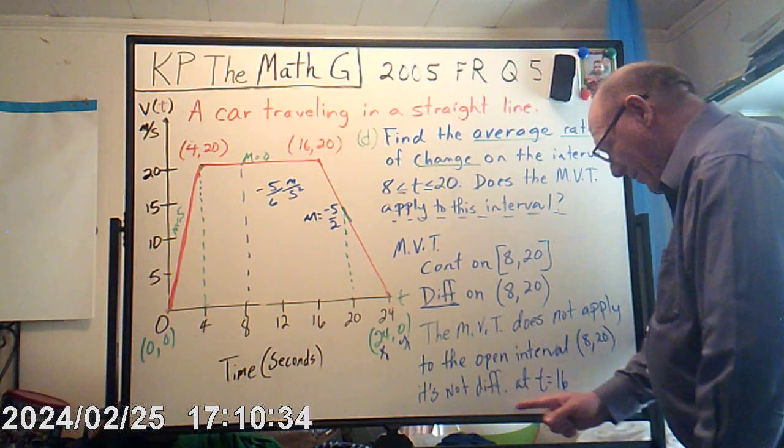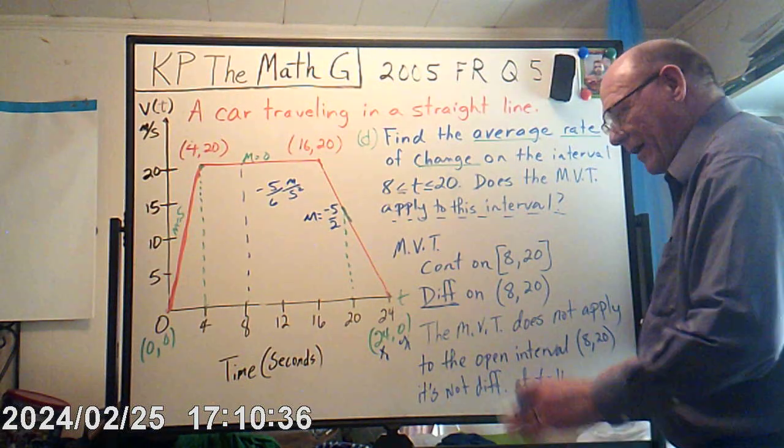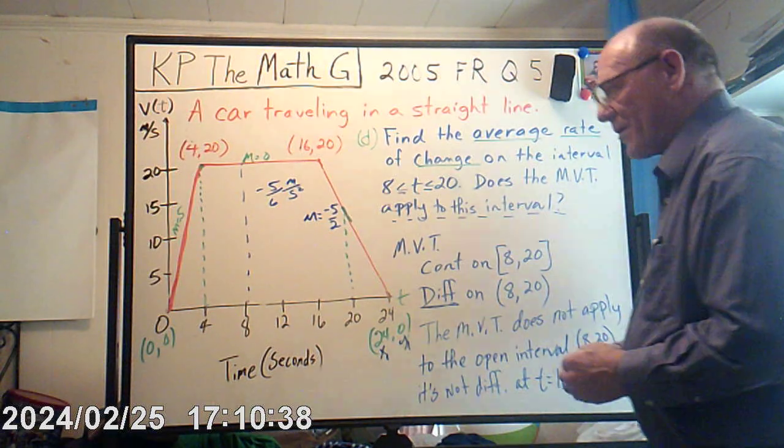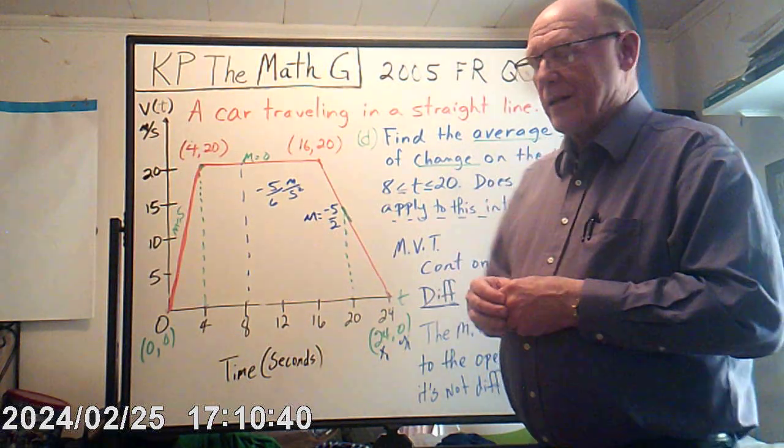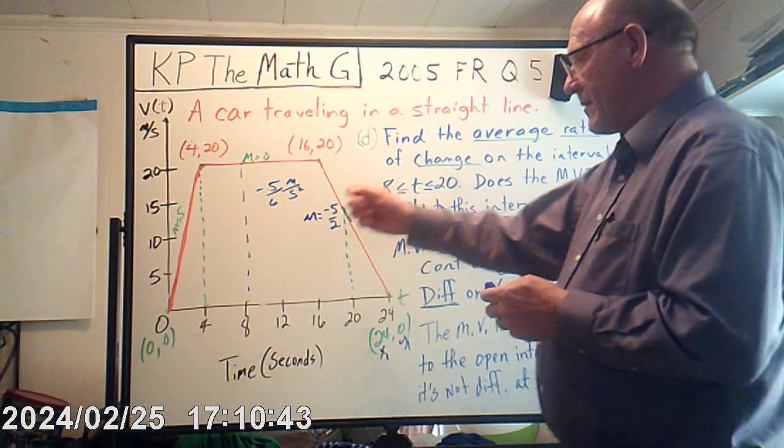You might even say v prime at t. It's not differentiable there. V prime at 16.